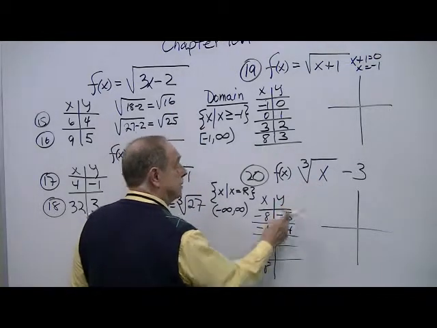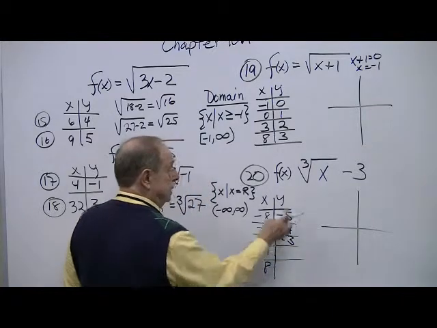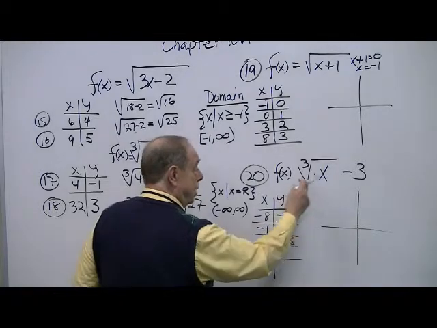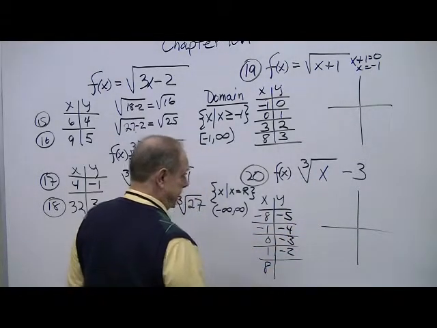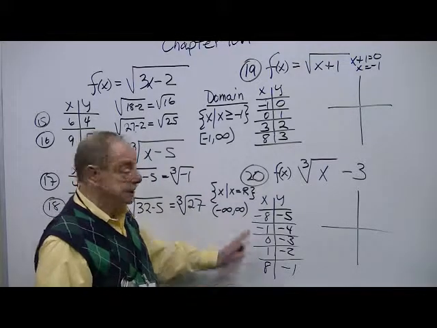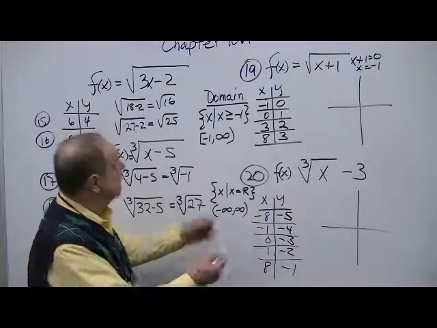Cube root of 0 is 0, so this is a -3. Cube root of 1 is 1. 1 minus 3 is a -2. This is 2, this will be a -1. So you get a series of points, and then from that you build your graph. And good luck on this section.